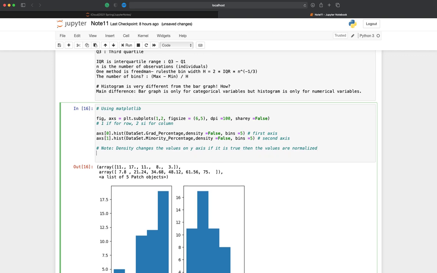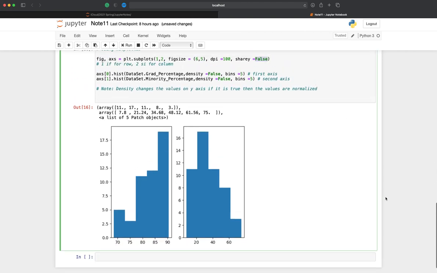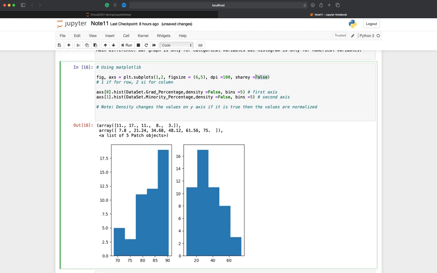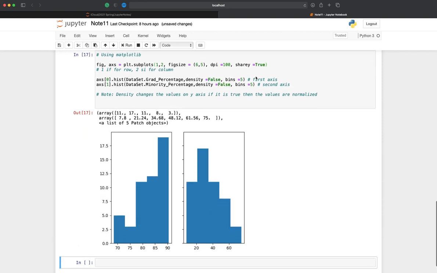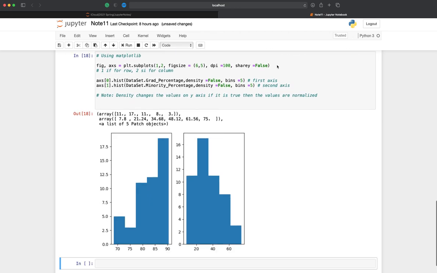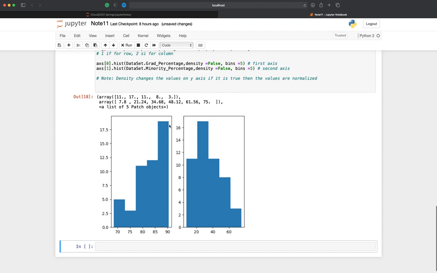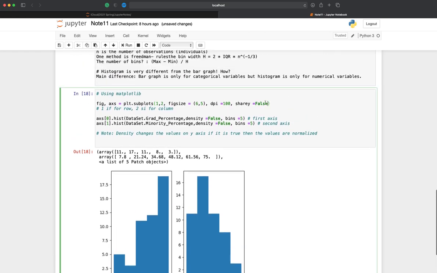And then what else I explained here? Oh, I said let's try this. So this is false, right? Let's make it true. True. Okay, do you see the difference? Let's make it false. Look at this, the y-axis. So now we have y-axis for each of them.